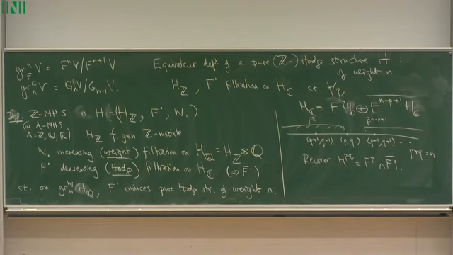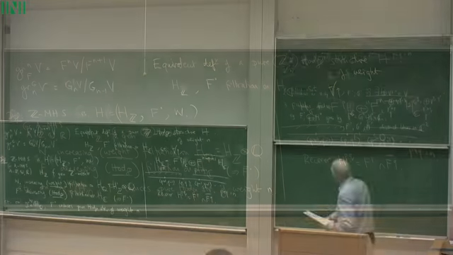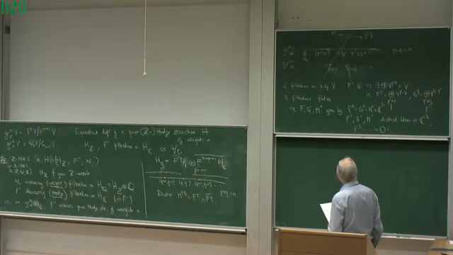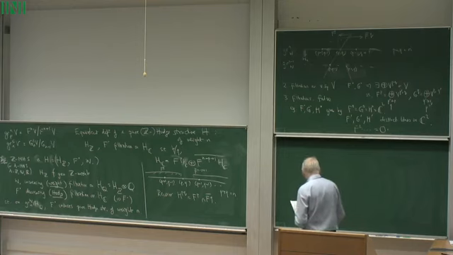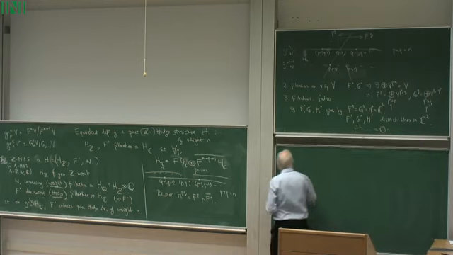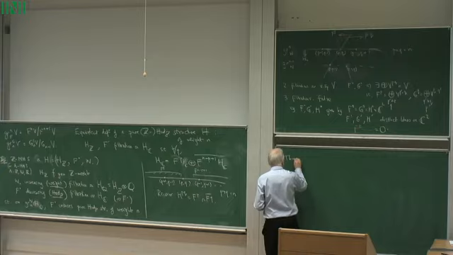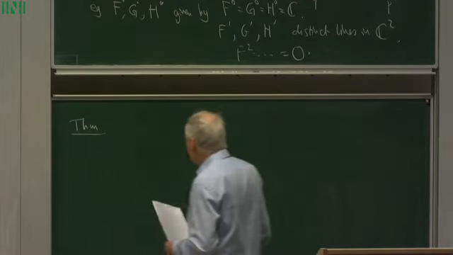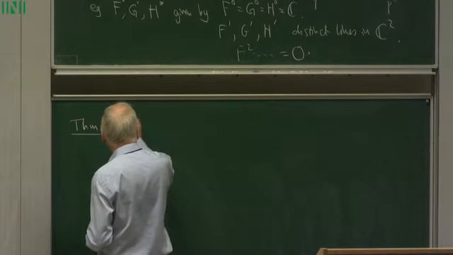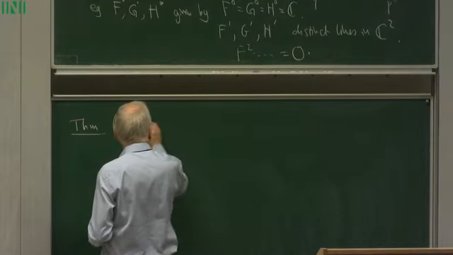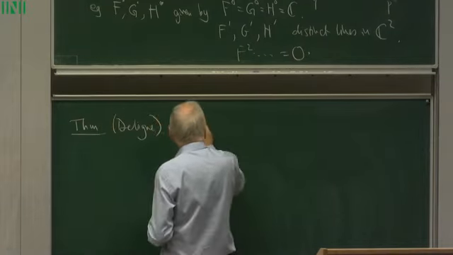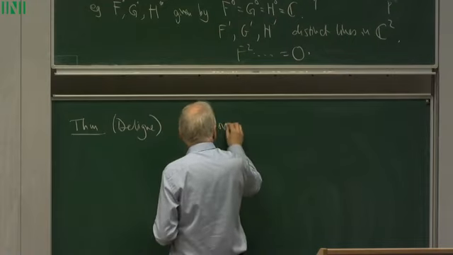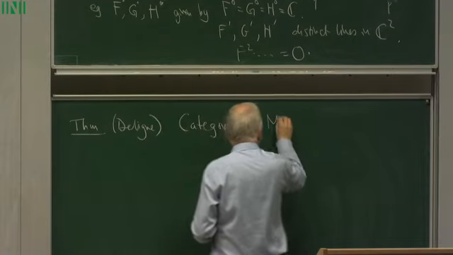Okay, well, let's continue. So then there are two nice theorems, one is abstract theory, both due to Deligne. So we take the category of mixed Hodge structures. Now I have to say what the morphisms are.